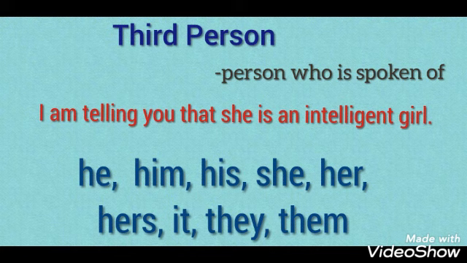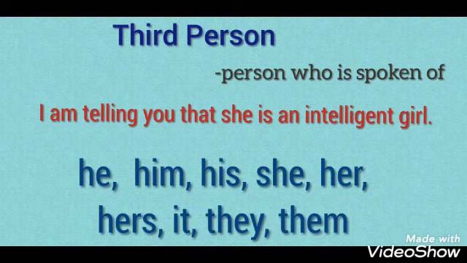Understood? Here, I am telling you that she is an intelligent girl. In that sentence, I is a personal pronoun, and I is the person who is speaking, so I is in first person. I is telling to you. So you is the person who is spoken to or who is listening, in second person.